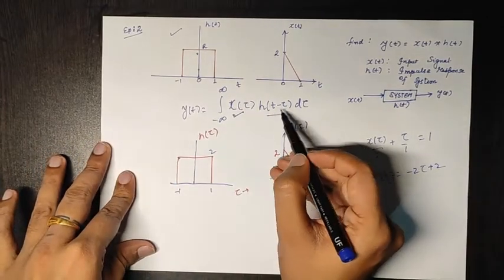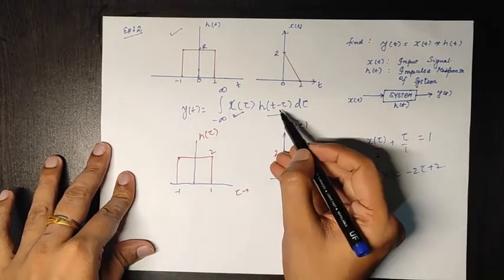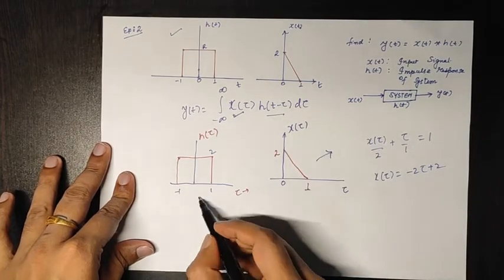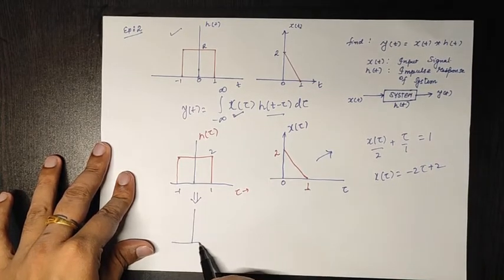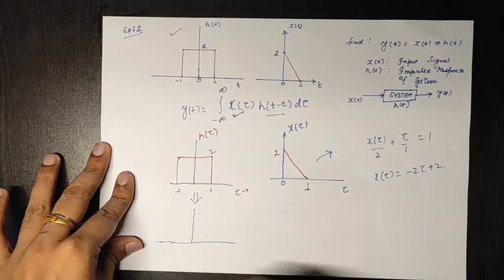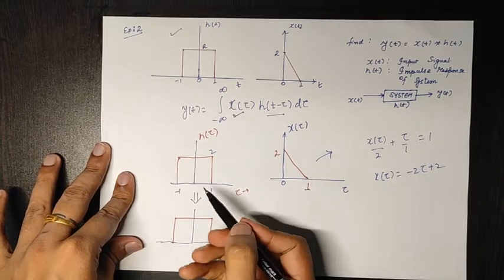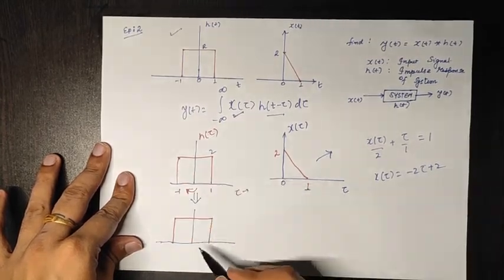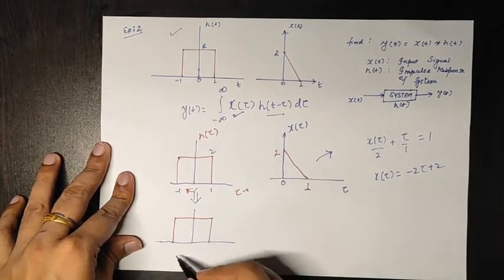Now we are interested in h(t minus tau), the shifted version of tau. So let us find h(t minus tau). This curve will get reversed, but as this is an even signal, it is symmetric about the vertical axis.